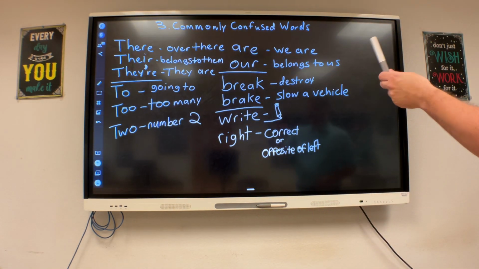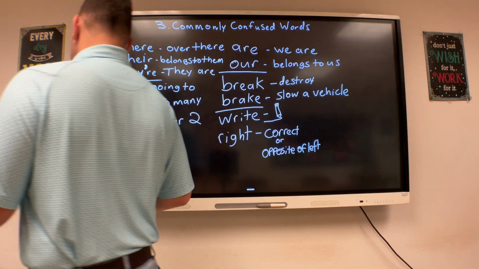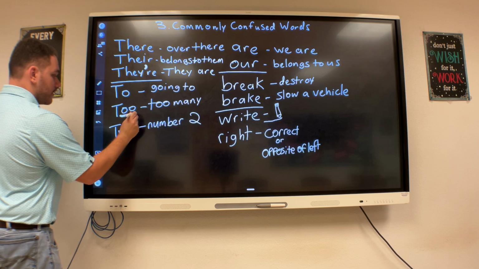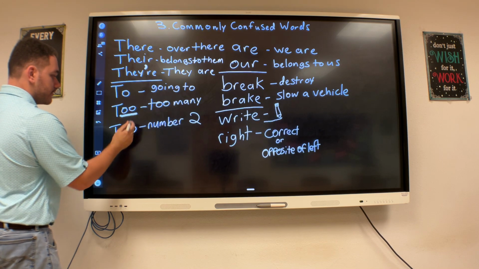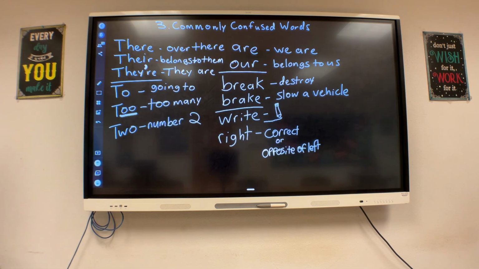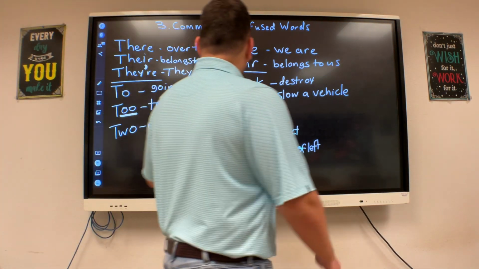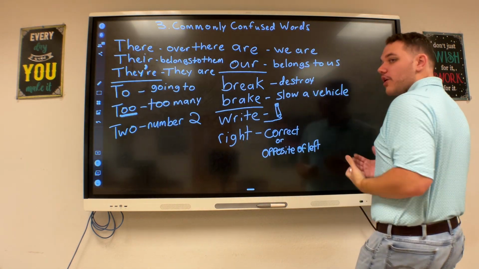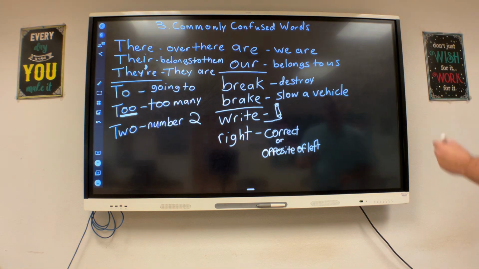Then there's TOO, which is like saying too many. That's about the amount. And that's how I always remembered it: it's got more O's than the other two, so it's just too much. We got too many O's. And then TWO is just the number 2. Then there's are and our. ARE is like saying we are or they are. But OUR belongs to us. It's our house.